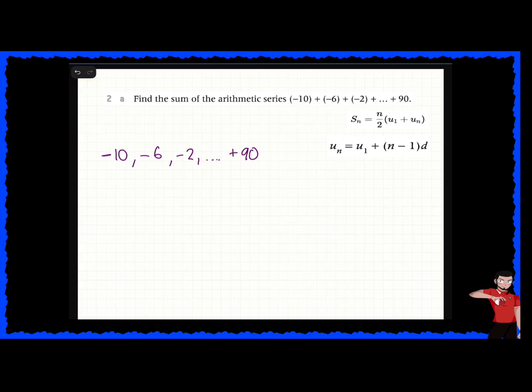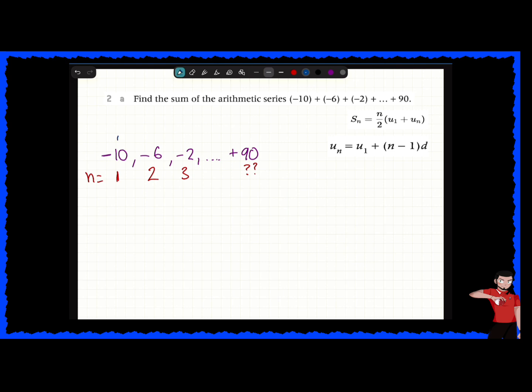So this is 90. We need to remember that we have position 1, position 2, 3, this is n, and for this last one, we don't know the position.